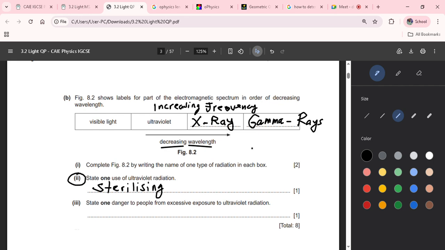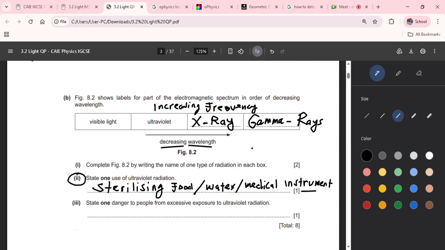Sterilizing, like sterilizing canned food, canned water, or medical instruments. So they use ultraviolet to sterilize.